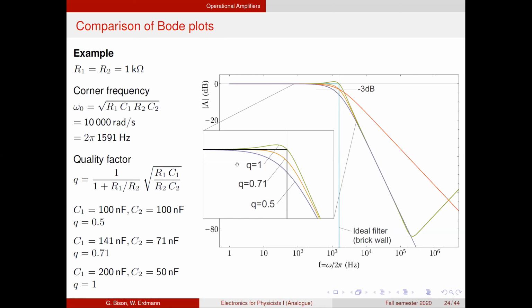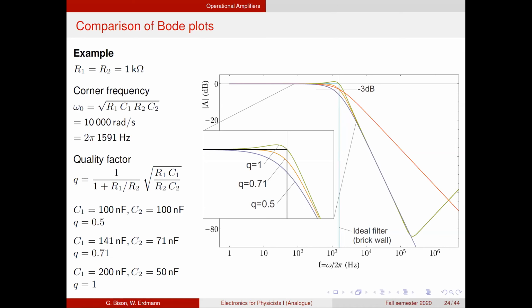Yeah. We can push the quality factor higher, and then you see for a short frequency interval, the gain is a bit larger than 1, and then we go even steeper into this slope where the filter then declines with its characteristic slope.